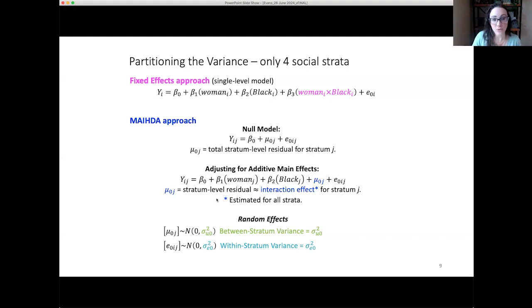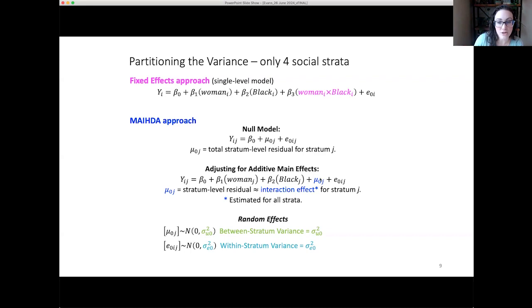But then in model 2, we would add back into it just the additive main fixed effects. So we would put in here, in this simplified example, woman and Black, but no interaction effect. So if we do that, what we've said is, here's the difference across these strata. Here's how much of it is accounted for by the additive stuff. So the departure that's left over is an interaction effect.